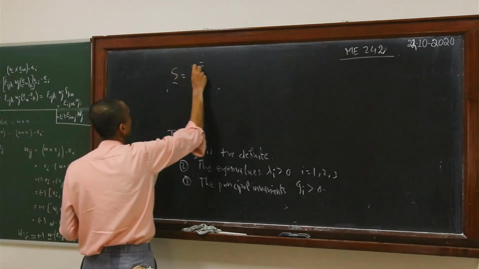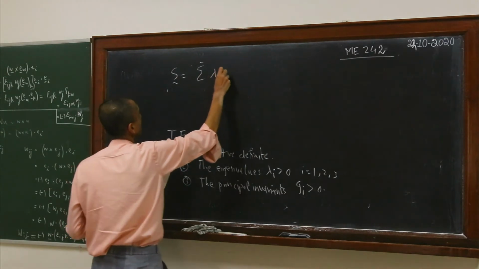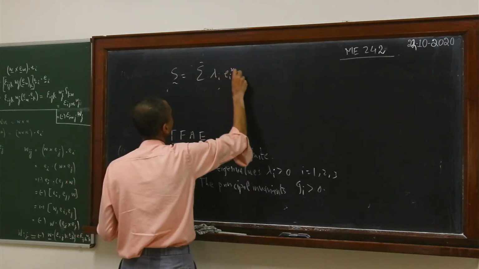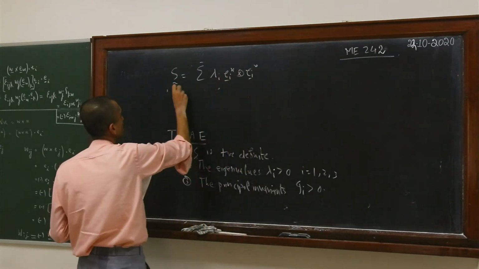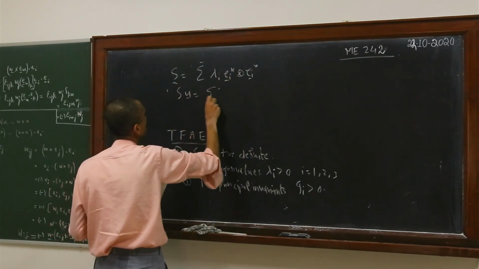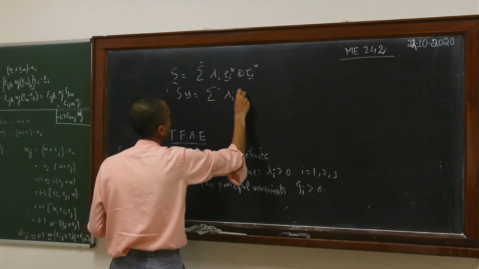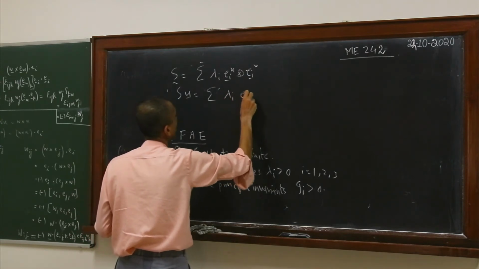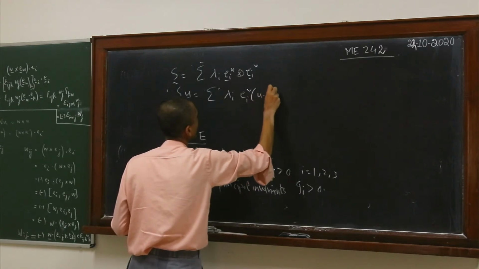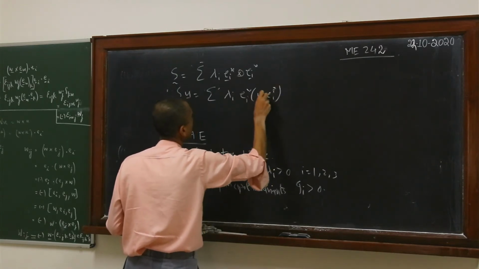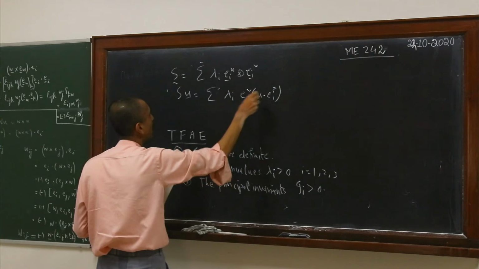So S I will now write as summation λ_i e_i* ⊗ e_i*. This was the spectral decomposition that I derived the last time. From this you can write Su is summation λ_i (e_i* · u) e_i*, and u · e_i* I will call u_i* itself.